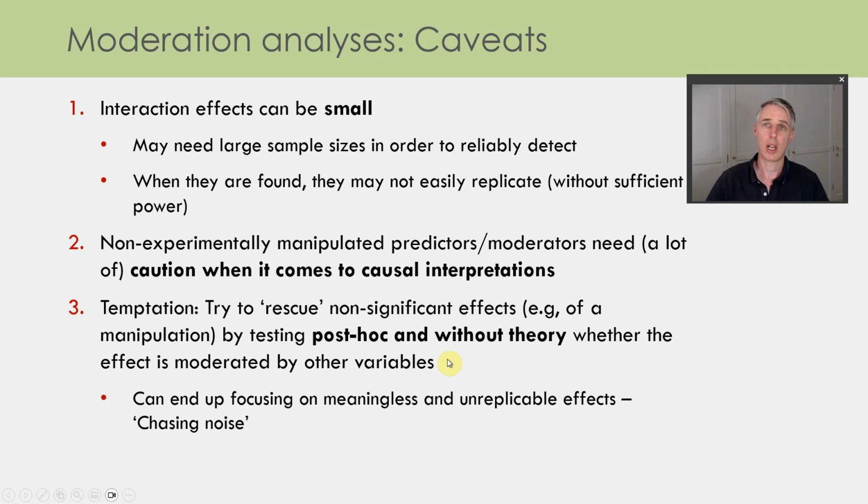So maybe my manipulation doesn't affect the outcome variable. Well, maybe that's because it only actually works for a specific subset of the sample, for example. Now, that is problematic for various reasons, but one of them is quite simply that it can lead you to end up focusing on meaningless or unreplicable effects, or so-called chasing noise.